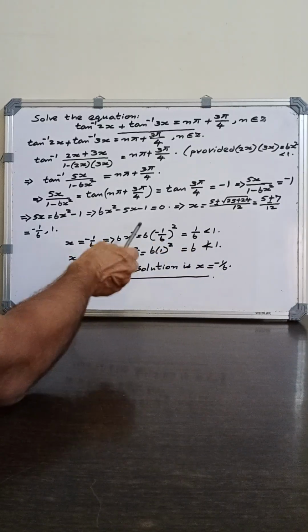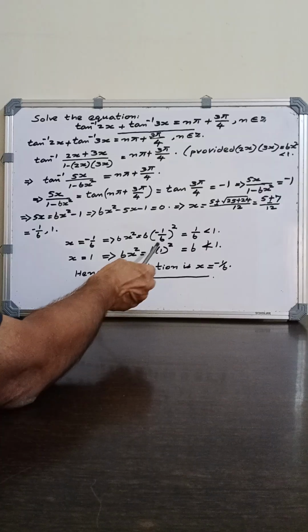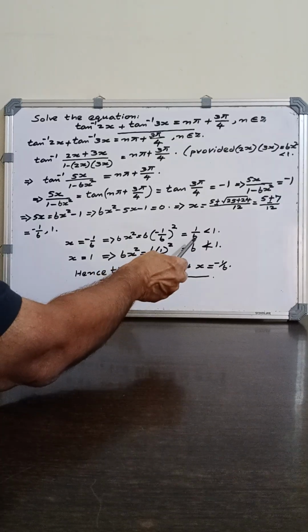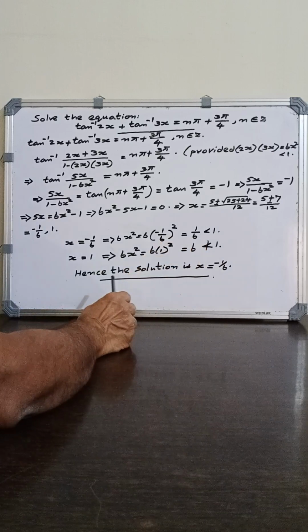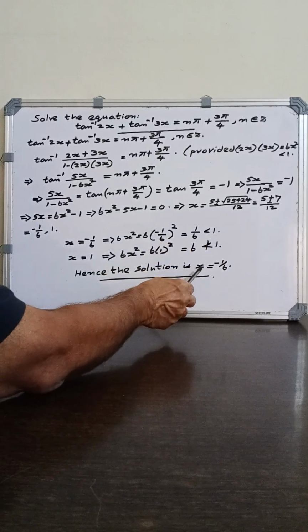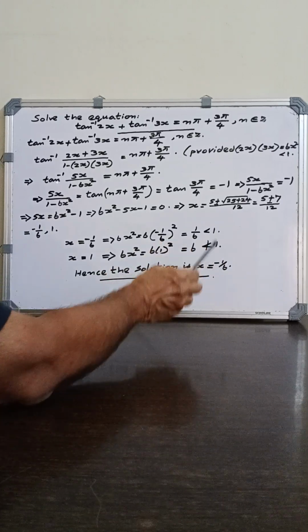If x equals 1, then 6x squared equals 6 into 1 squared equals 6, which is not less than 1. Hence the solution is x equals minus 1 by 6.